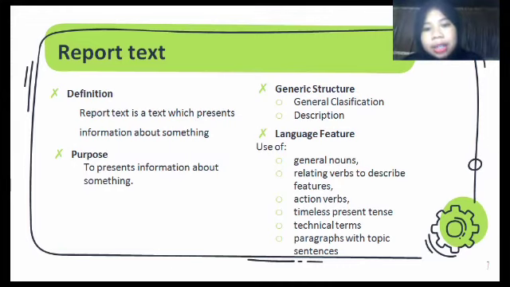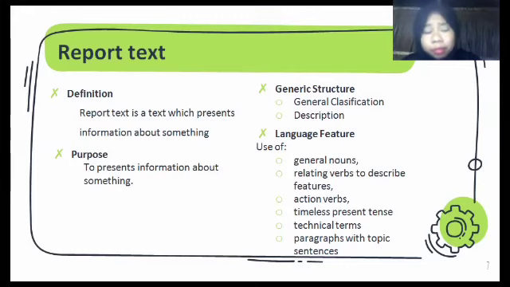And particular nouns, for example, our dog. Second, use of relating verbs to describe features. For example, corona is a virus. Third, some use of action verbs when describing behavior.